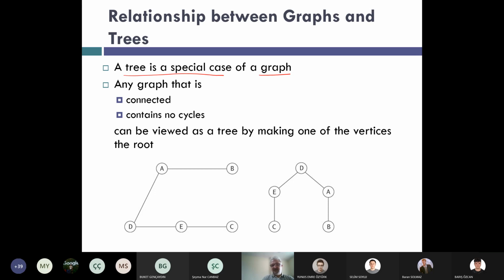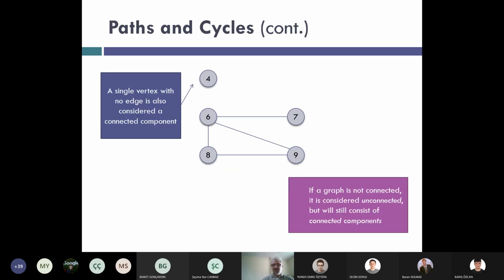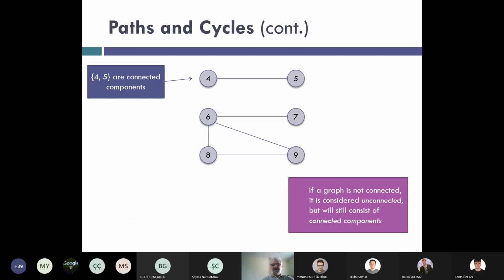In a tree, the graph should be connected and shouldn't contain any cycle. So this is not a tree since it is not connected and contains a cycle. It doesn't satisfy either of these conditions.